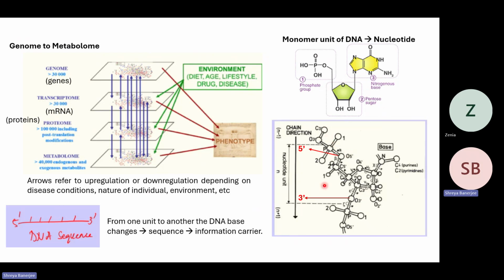And here, if you look, one particular nucleotide is shown, and nucleotide has a certain direction. So from top to bottom, this is called the 5' to 3' direction. And why it has been named this way is that the top oxygen is called 5' and the bottom oxygen is called 3'. So nucleotides have a certain chain direction, which is important to remember.